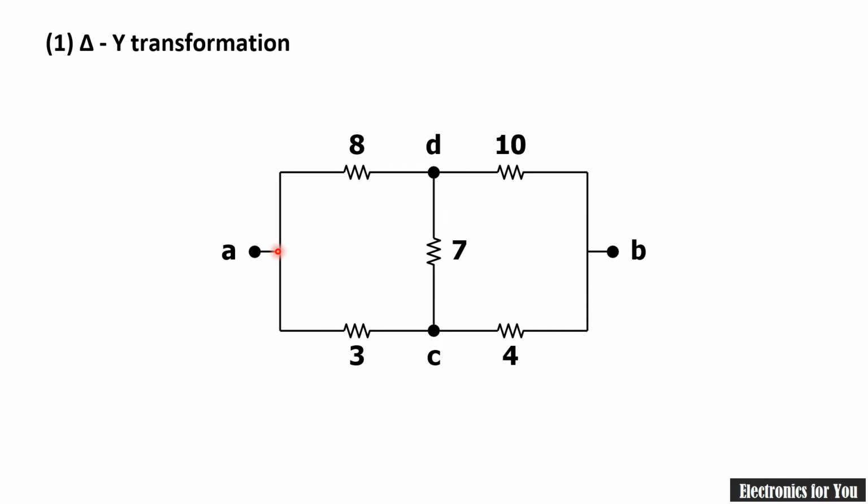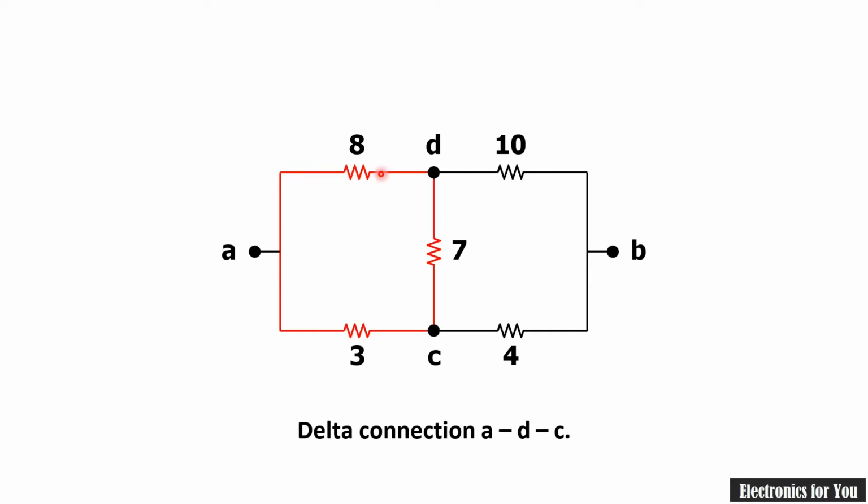Here you can identify the first node as this one, and you can see that between A, D and C 3 resistances are there, and they are forming a loop. Similarly, this is another node B, and here again it is forming a loop between these 3 resistances of 4, 7 and 10 ohm respectively.